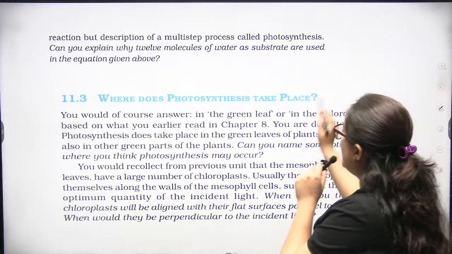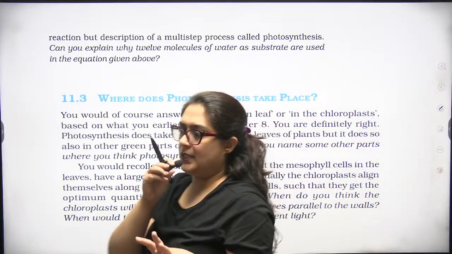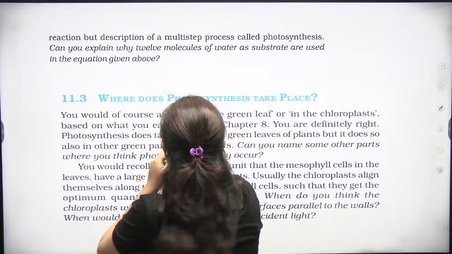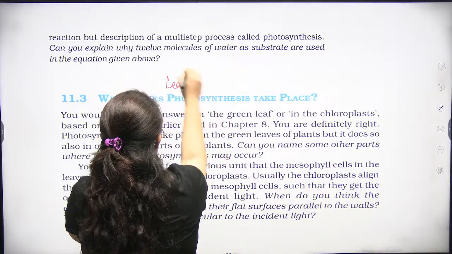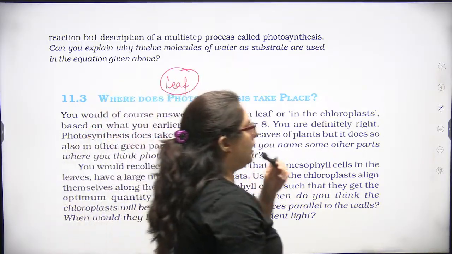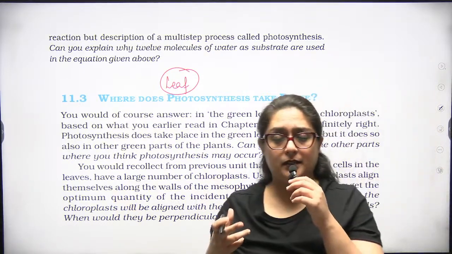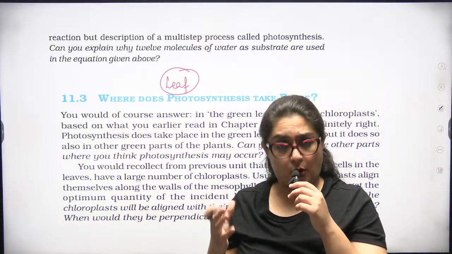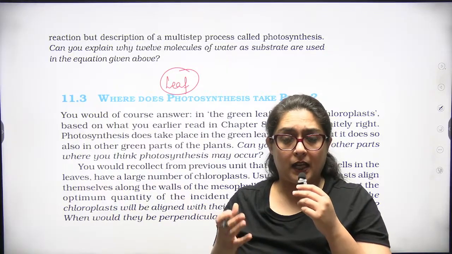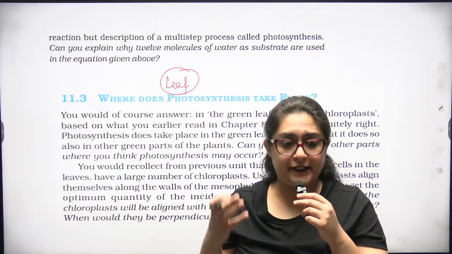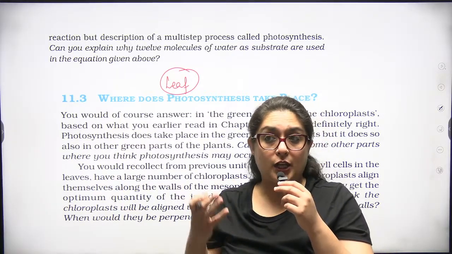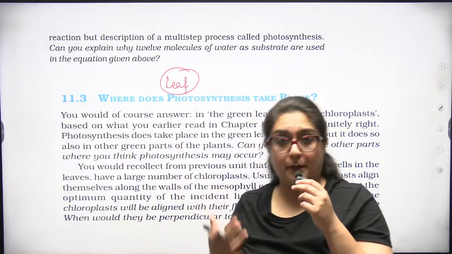Where does photosynthesis take place? The site of photosynthesis is the leaf. But when you study the anatomy of the leaf, you will come to know that the structure of the leaf is complicated. There are thylakoids, grana, and stroma, which have the chlorophyll and trap the sunlight.